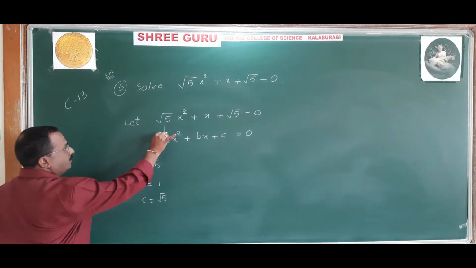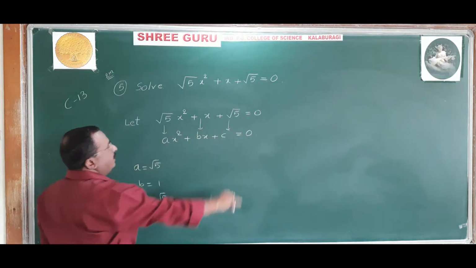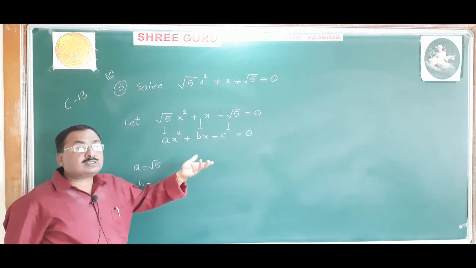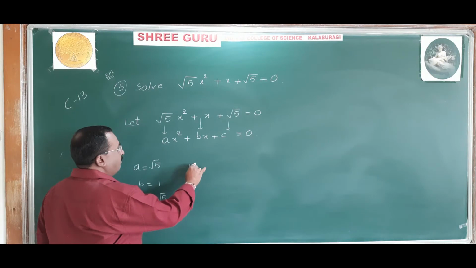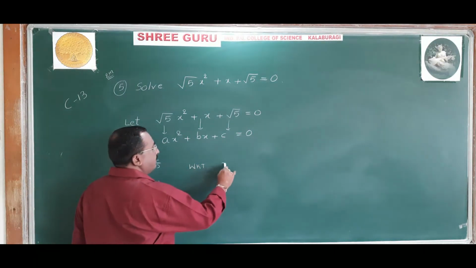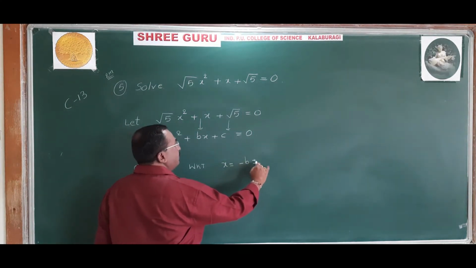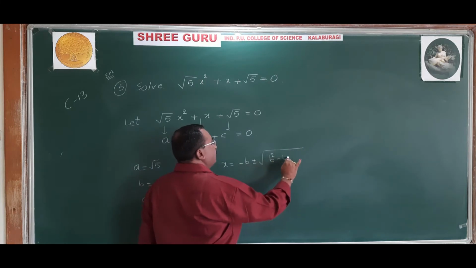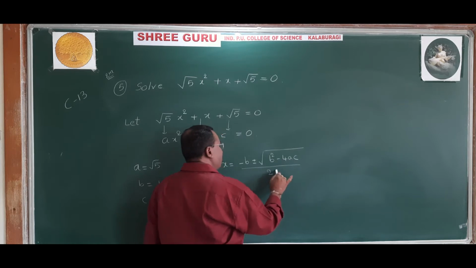This is a, this is b, this is c, where a, b, c are real coefficients. We know the formula for non-factorizable form: x is equal to minus b plus or minus square root of b square minus 4ac divided by 2a.